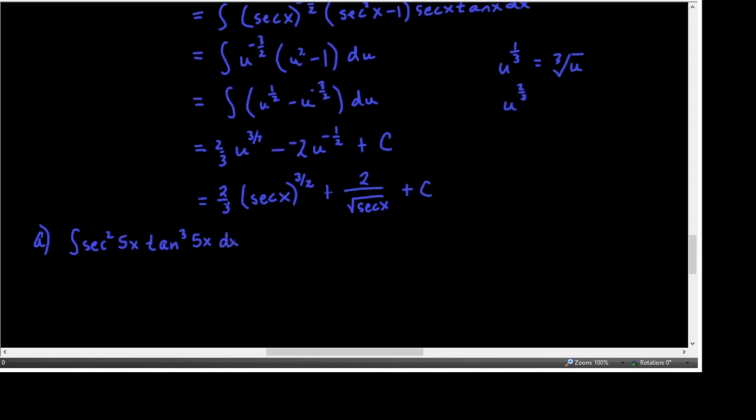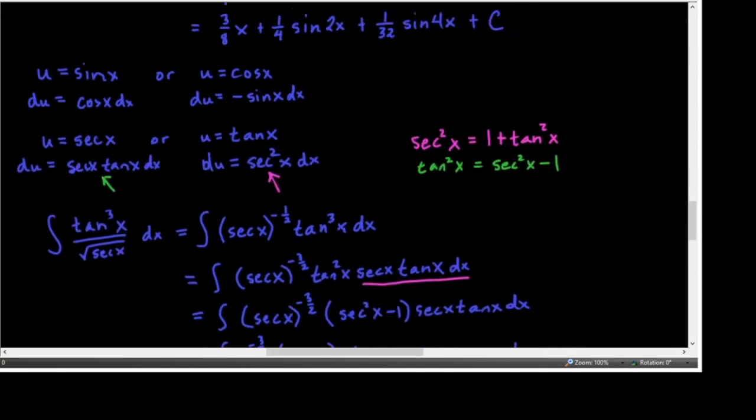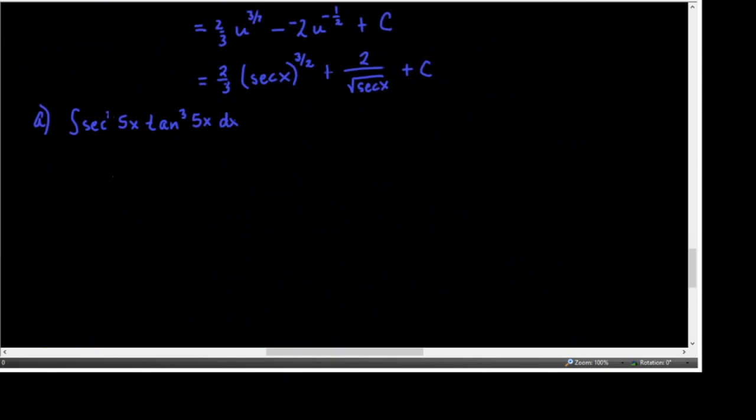Now, don't forget to look for the simple ones. Keep in mind our derivative that we'll use will either be du will be secant x tangent x, as I pointed to here in green, or secant squared. So notice that we have exactly a secant squared there to use.